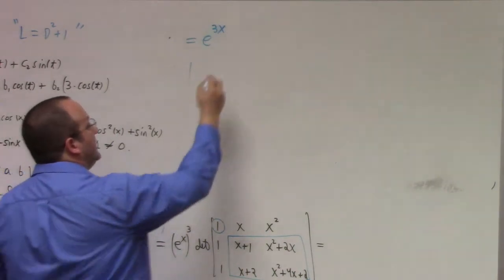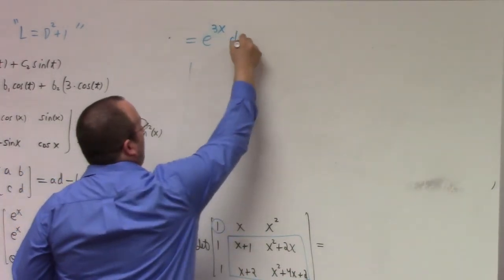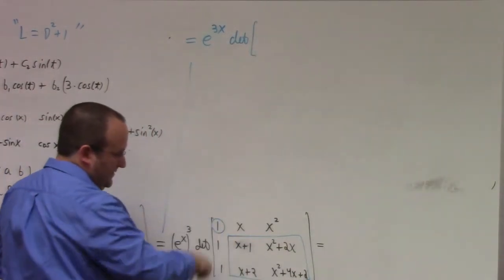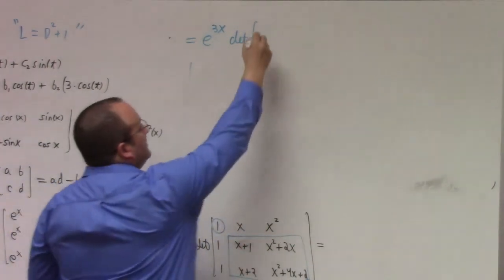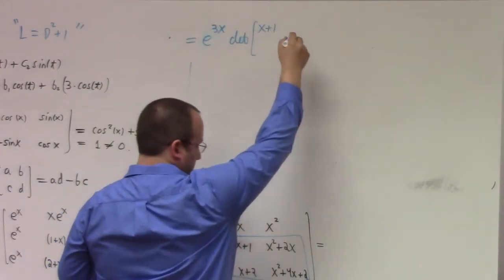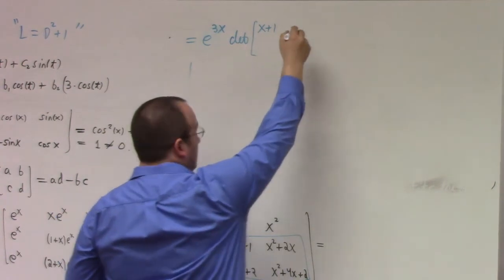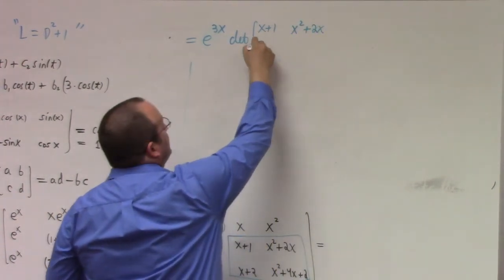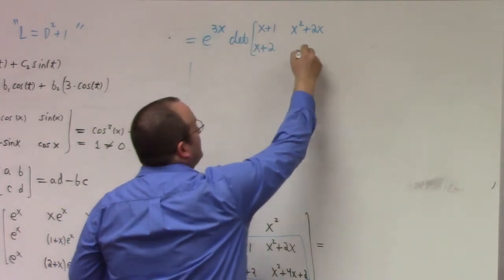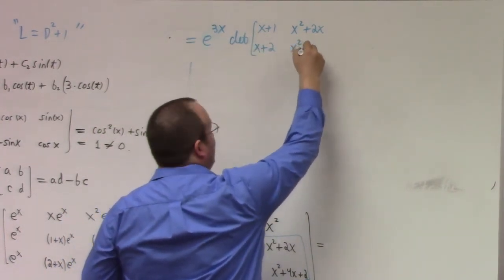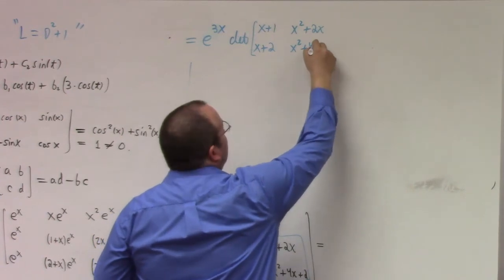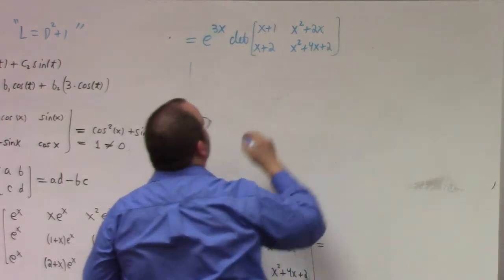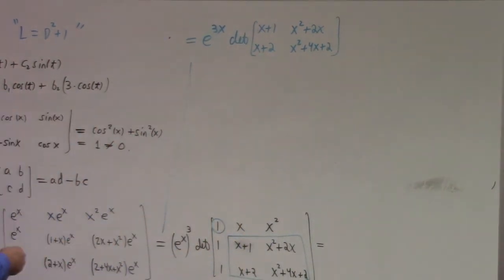And then we're supposed to do the determinant of everything that's not in the first row and column, which is this x plus 1, x squared plus 2x, x plus 2, and x squared plus 4x plus 2. Oh, this is awful. I'm too far in, I can't bail. This was for good pedagogical reasons for the totality of this lecture, but it's hurting me right now.